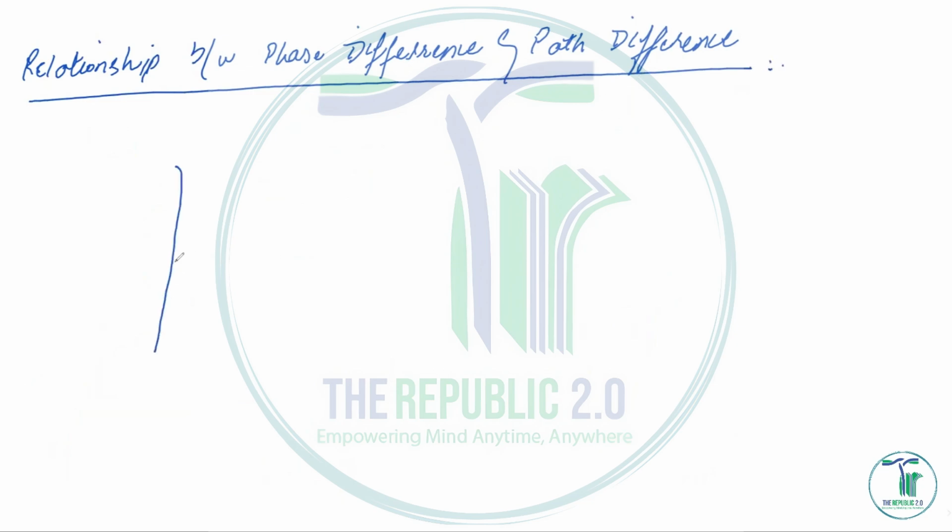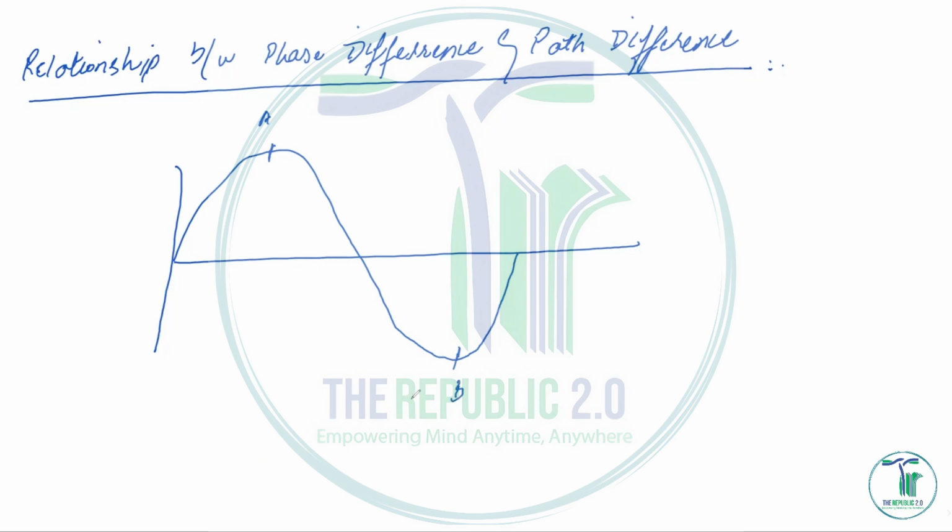For example, first of all, you've got this wave, something like this. You can see that an object initially is at point A, and then an object is at point B. Now somebody is asking you to calculate the phase difference, the difference of the angles between the object at A and at B. The phase at A, everybody knows, is 90 degrees, and the phase at B is 270 degrees.